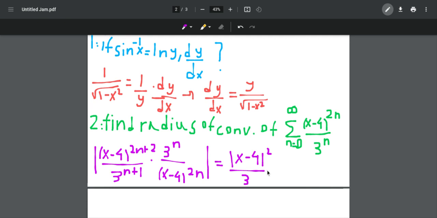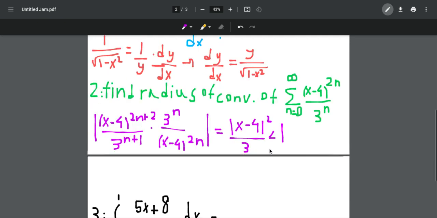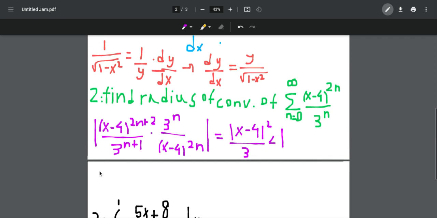For this series to converge, the absolute value of a sub n plus 1 over a sub n should be less than 1. Solving for it, we multiply both sides by 3. So we get the absolute value of x minus 4, squared, is less than 3.